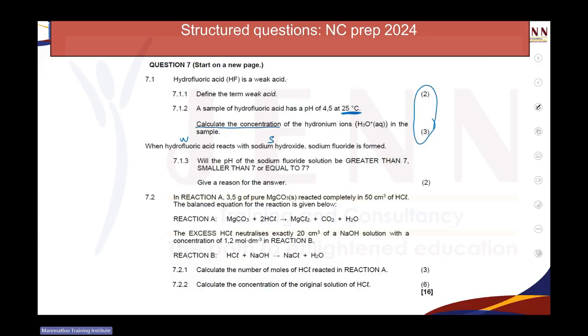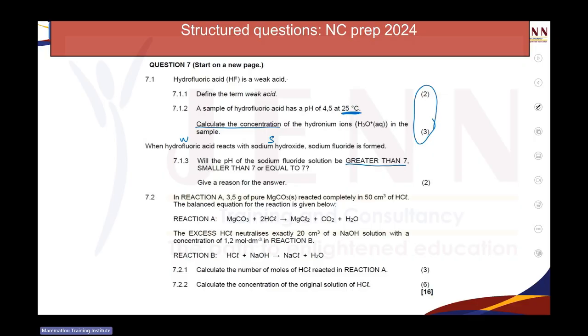Now, they're asking, will the pH of the sodium fluoride solution be greater than 7, less than 7, or equal to 7? Give a reason for your answer. This is hydrolysis, and we did already say, if a strong person fights with a weak person, the strong one wins. So that means the solution will be basic. And where is base? Greater than 7.